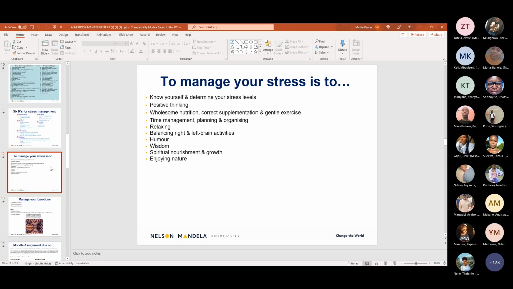And your only homework for the first week was to revisit the planning and scheduling assignment, and then to really focus on the psychological component of that. So managing your stress is important in all those aspects.